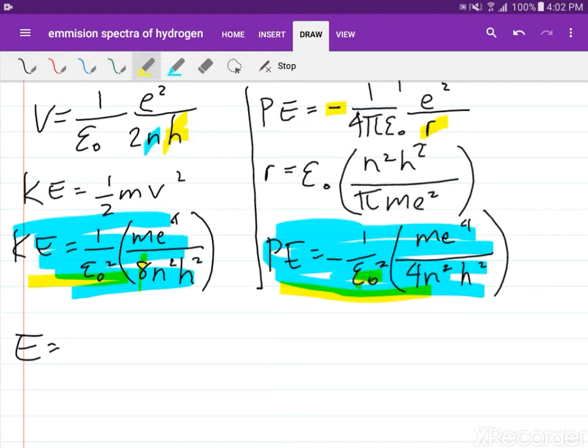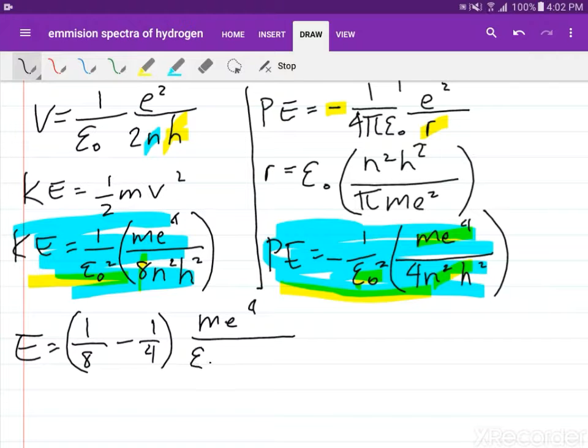So we can factor out the like terms and we can write this as simply 1/8 minus 1/4 times these constants. Okay, so 1/8 minus 1/4 gives us negative 1/8.